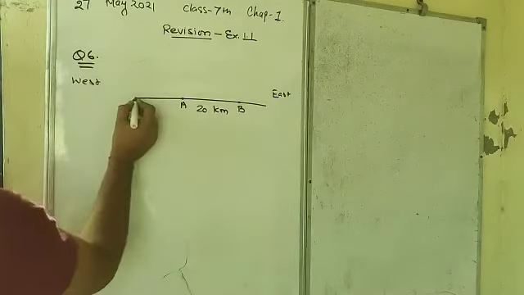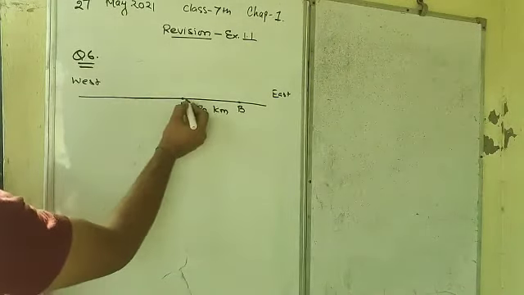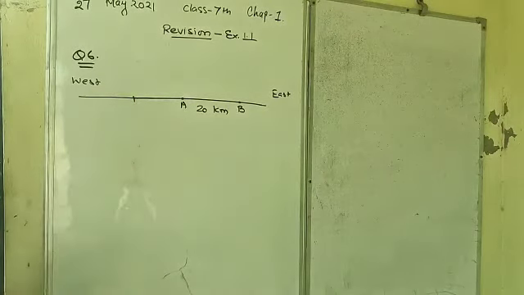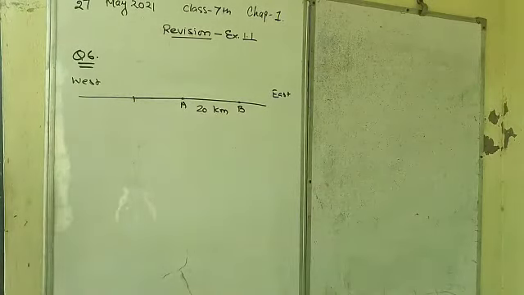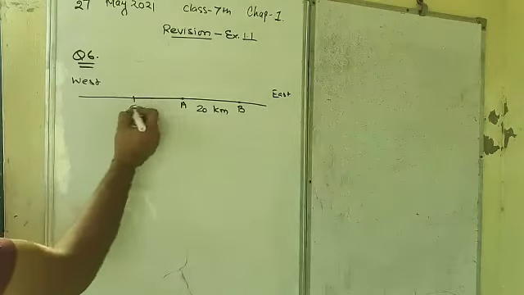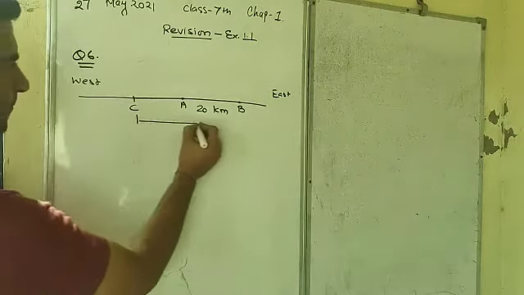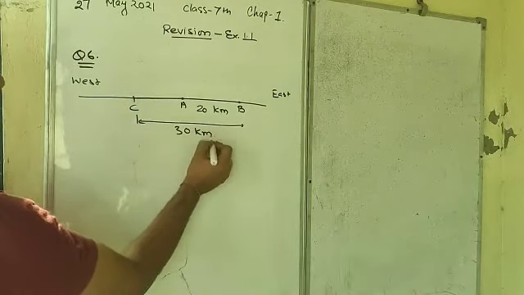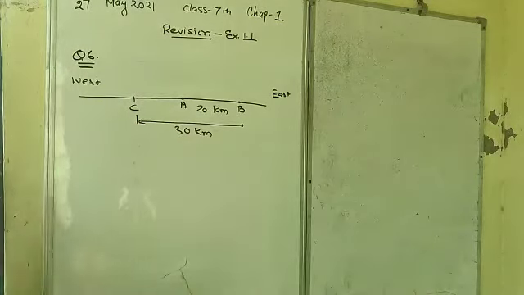East से just opposite होगा west. So 10 kilometers more, so it is the point C, which is 30 kilometers from the point B.